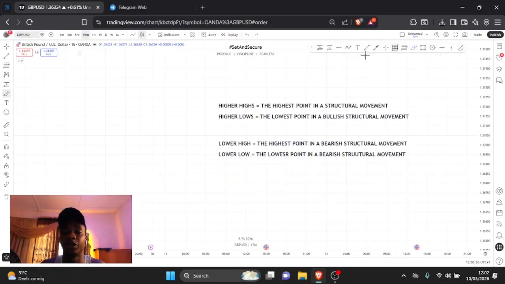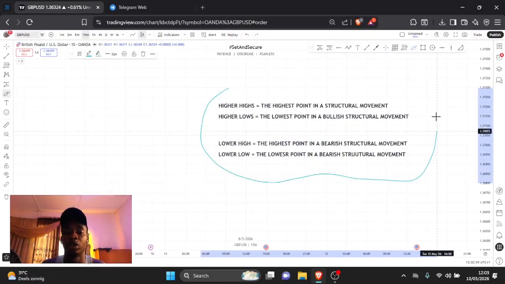And these are the four terminologies in structure.